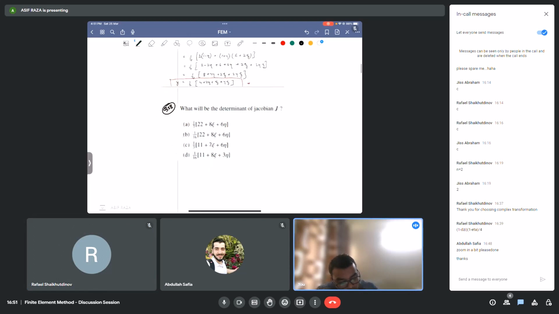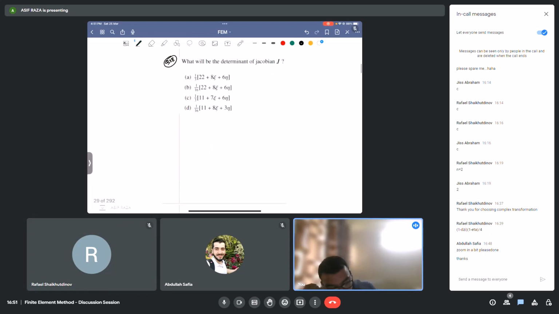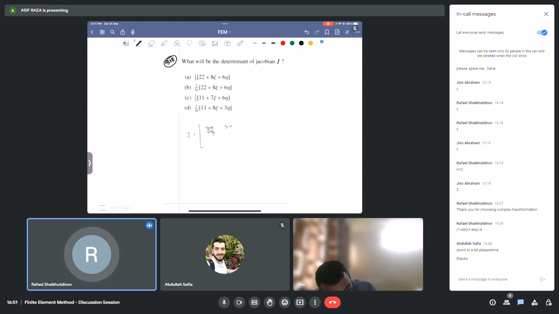Okay, fine. So yeah, the Jacobian matrix would be with this regard would be what? Jacobian: dx d xi, dy d xi, and dx d eta and dy d eta.